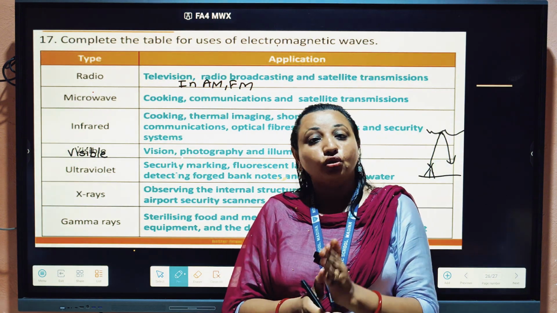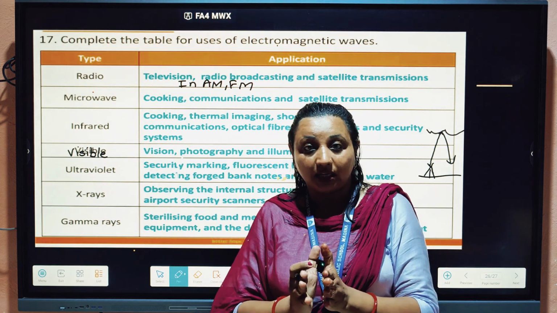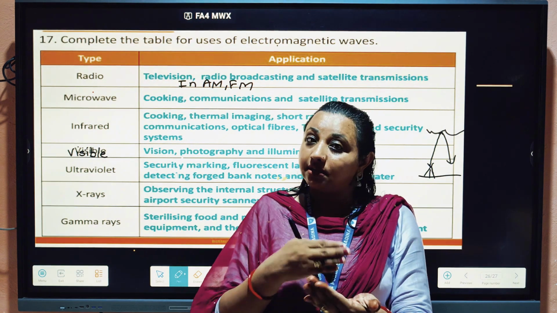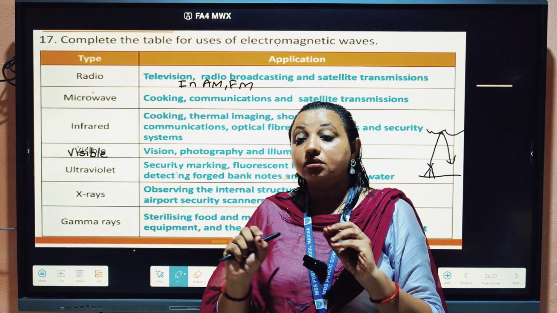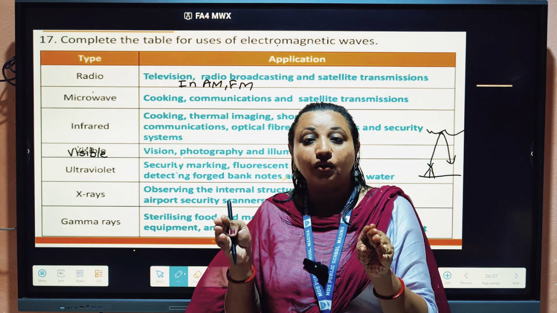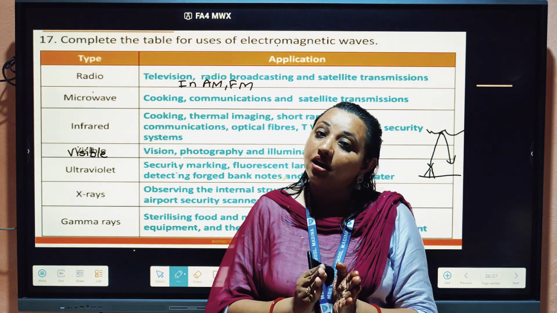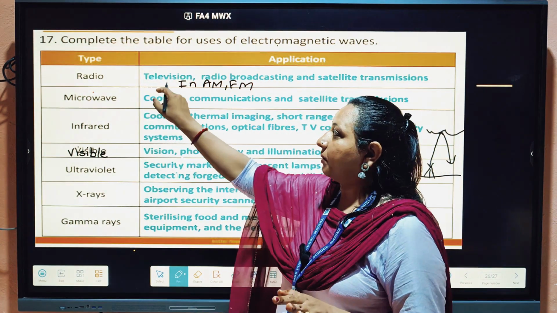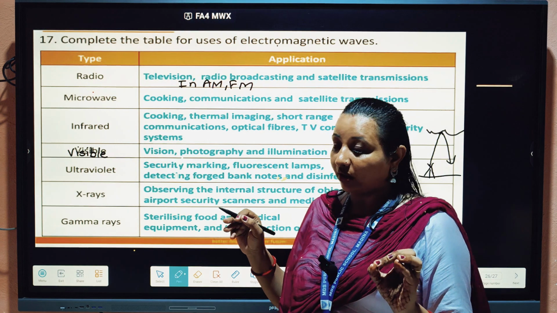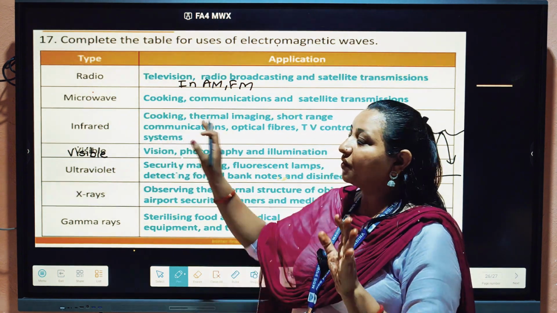Microwaves. Otherwise both are waves, radio waves and microwaves, for satellite communication. But for better signaling, what do we use? Microwaves. So for radio waves, you have to remember TV and radio broadcasting. Microwaves, we have the microwave oven. So which waves are used in that?